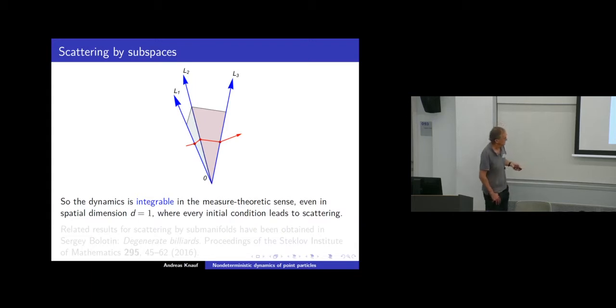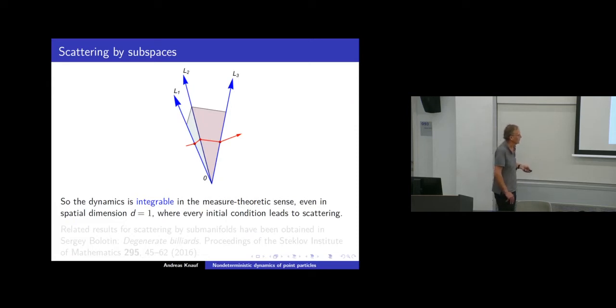Yeah. So because of this Burago-Ferleger-Kononenko theorem, the dynamics is integrable because after some time everything calms down. Yeah? So nothing more happens than free motion after this time.